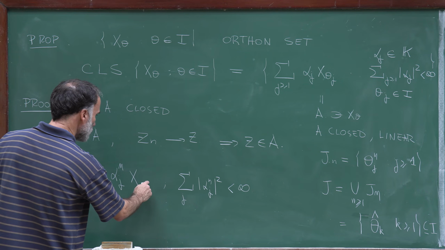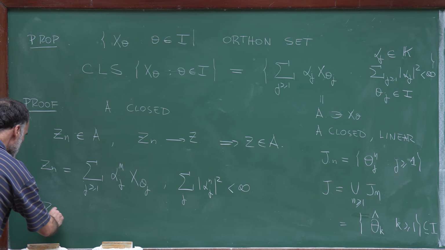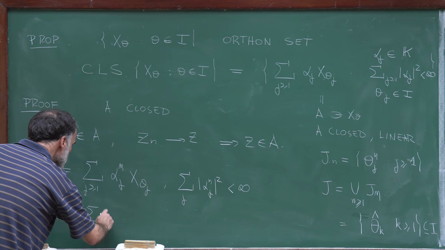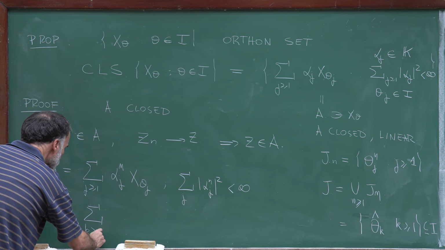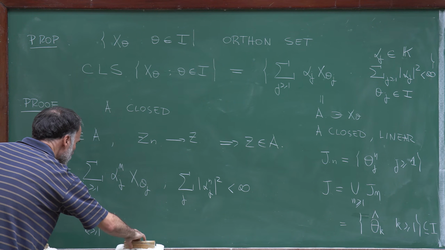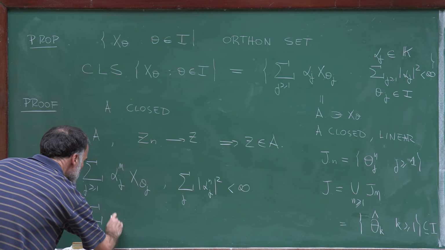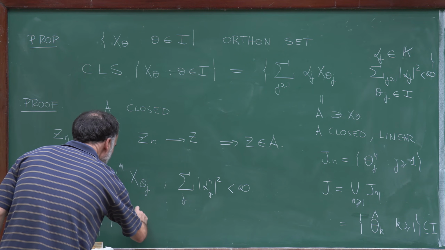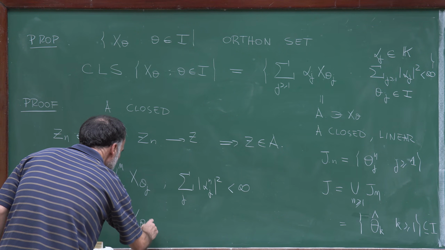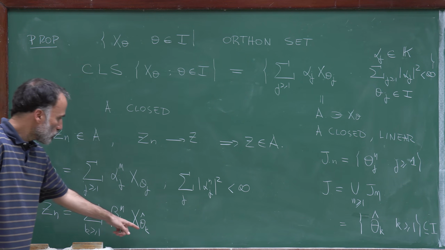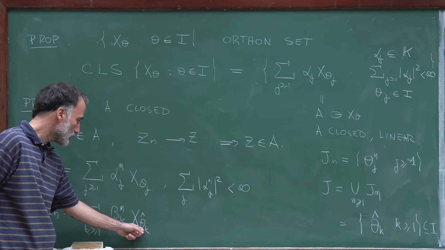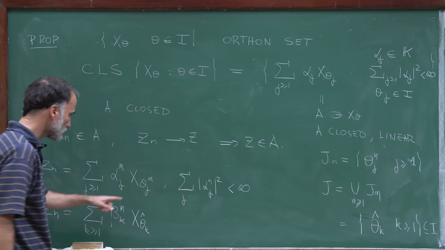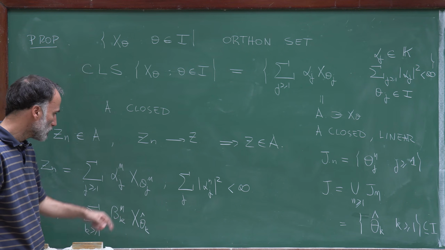What I'm saying now is that I can represent Zn as a sum over, say, k larger than 1 of, we can call that beta n k, times x theta k hat. So some of these theta hat k will be equal to this theta j n, which depends on n. Some of them will be equal.